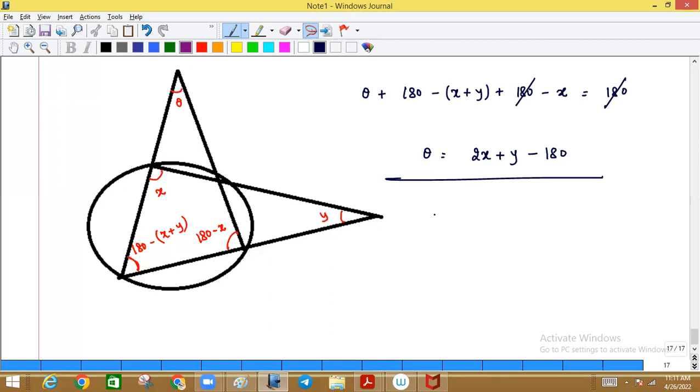Now, 2 times x, with x given as 80, is 160. Y is 40. Taking 85 as given now, it is 170. How much is it? 30. Theta is 2x plus y minus 180. Is it clear?